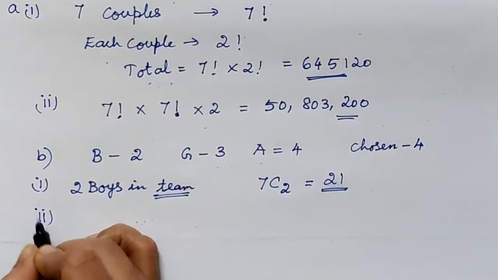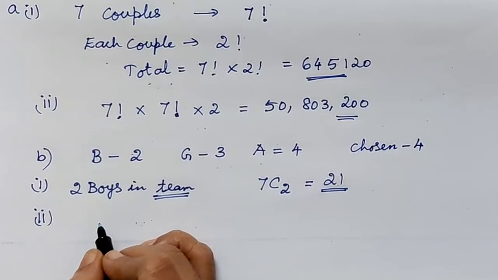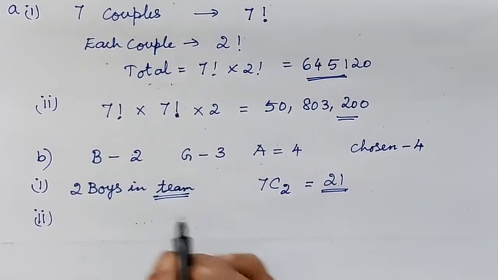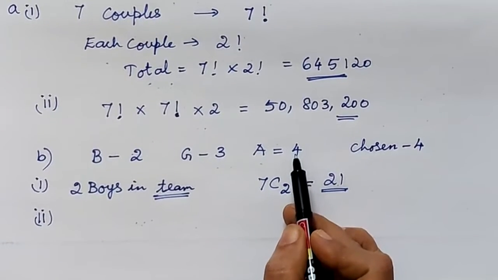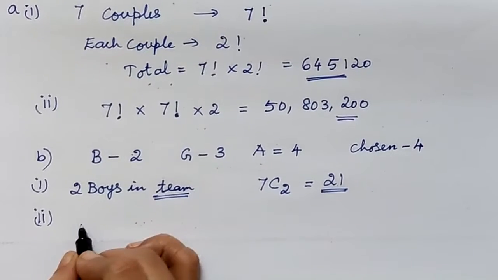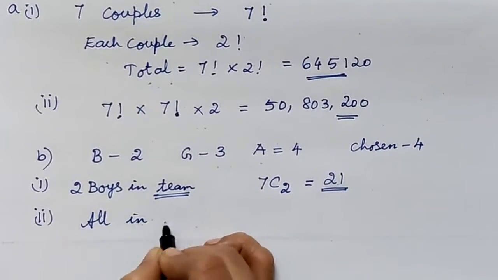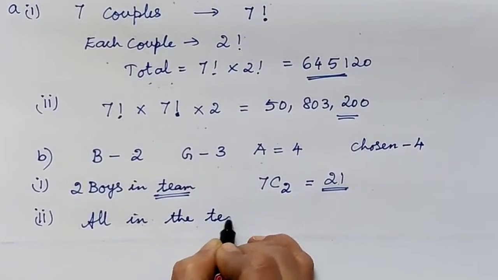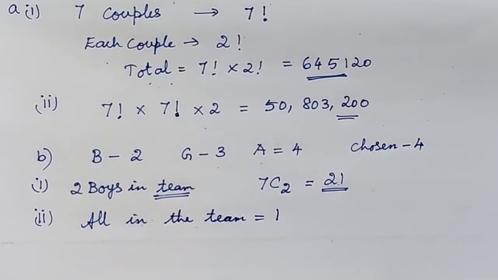Now for the second one: the adults are either all in the team or all not in the team. So all the 4 adults must be in the team, or they must not be in the team. If all are in the team, it is for sure, so it is a 1. Or all of them must not be in the team.